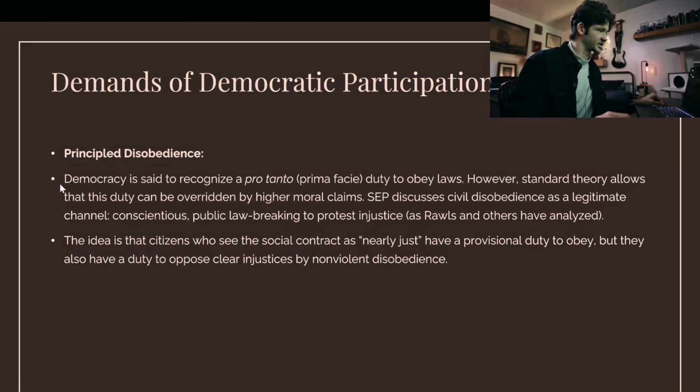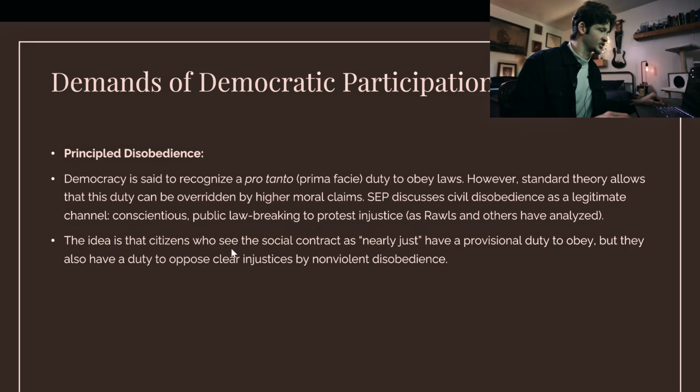Demands of democratic participation. Still, principled disobedience. Democracy is said to recognize a pro tanto, prima facie, duty to obey laws. However, standard theory allows that this duty can be overridden by higher moral claims. The SEP discusses civil disobedience as a legitimate channel, conscientious, public law breaking to protest injustice, as Rawls and others have analyzed.